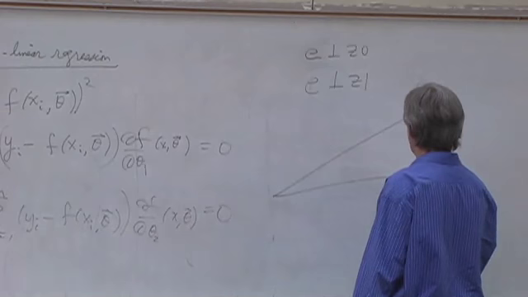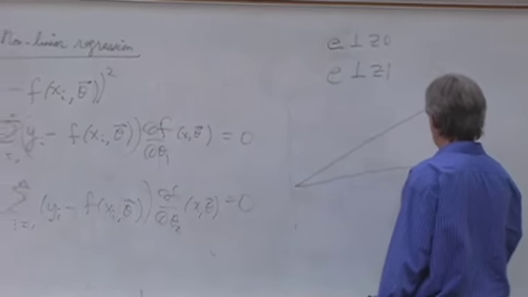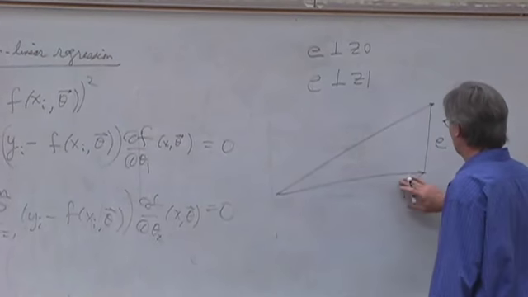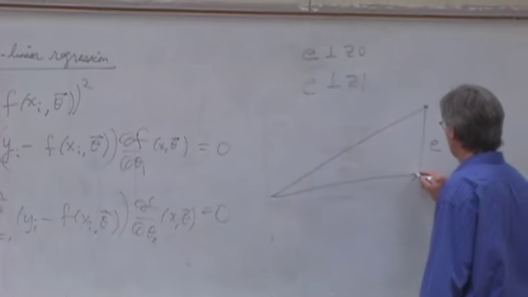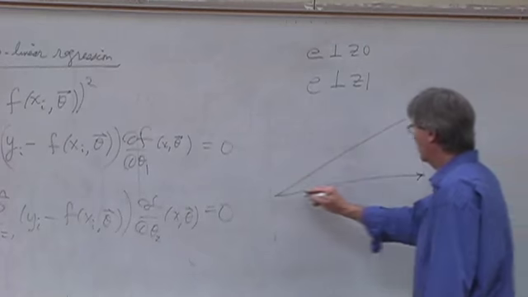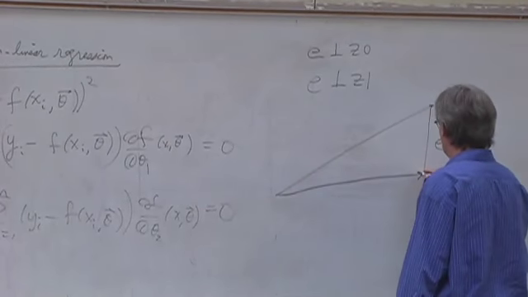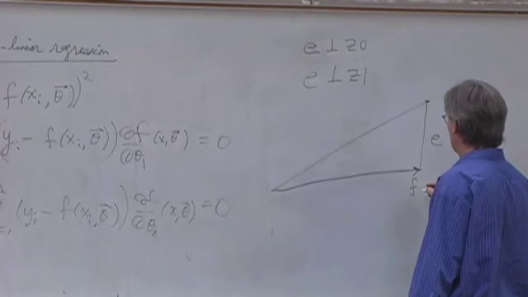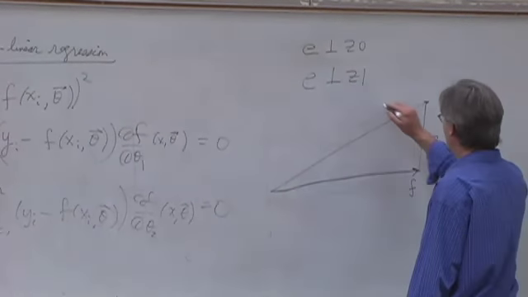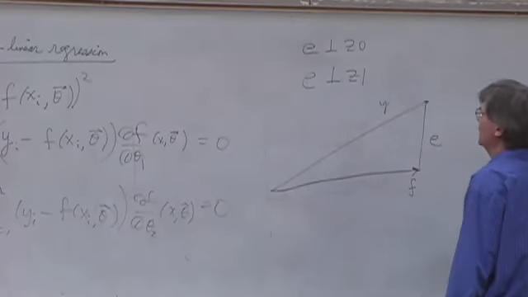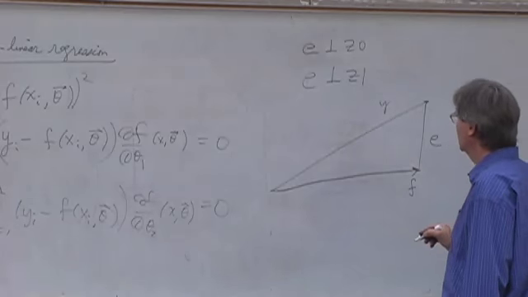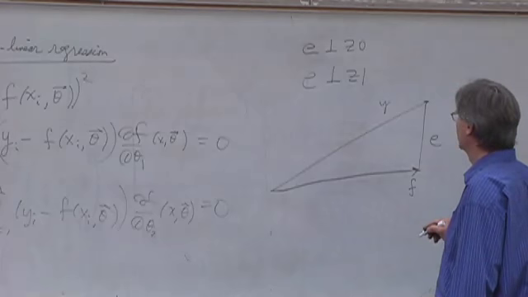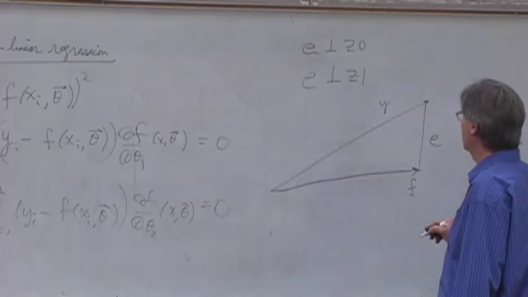I have my fit vector F, and I have my E. Here's my fit vector, and here's my Y vector, and here's my E vector. And E is approximately perpendicular to Z0 and Z1.